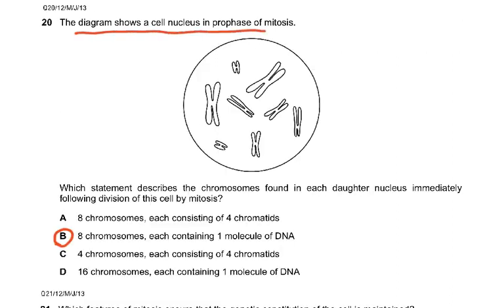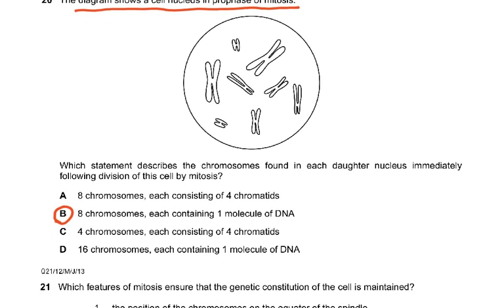The diagram shows the cell nucleus in the prophase of mitosis. Which statement describes the chromosomes found in each daughter nucleus immediately following division of this cell by mitosis? So first of all, let's count: 1, 2, 3, 4, 5, 6, 7, 8. So there are 16 chromatids.